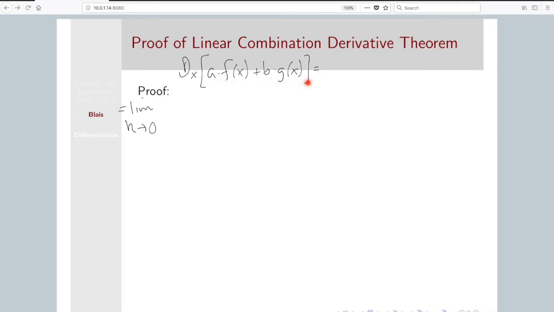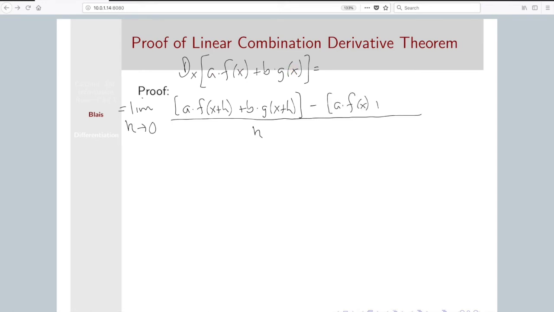First, we evaluate this whole expression at x plus h. So we have a times f of x plus h plus b times g of x plus h minus this evaluated at just x. So minus a times f of x plus b times g of x, all over h, which we've already written.